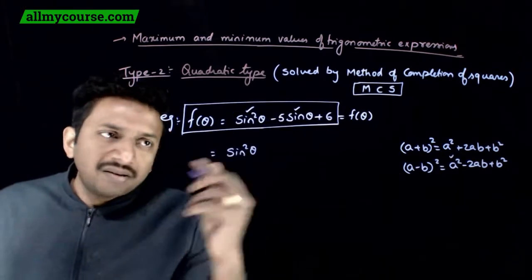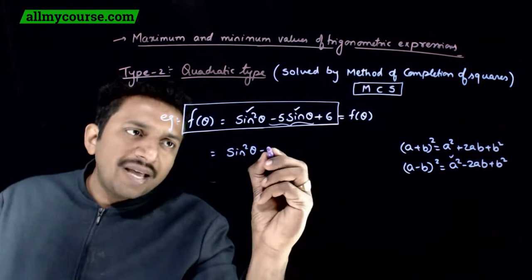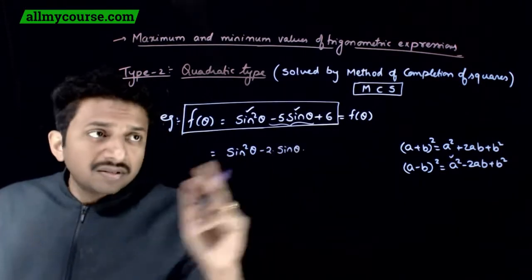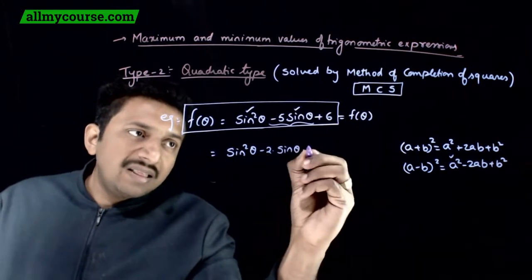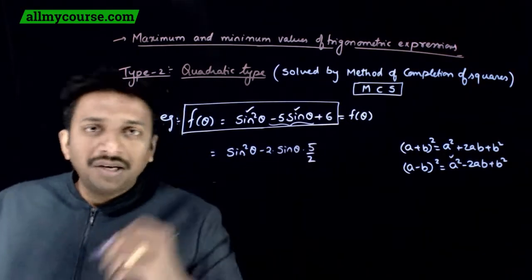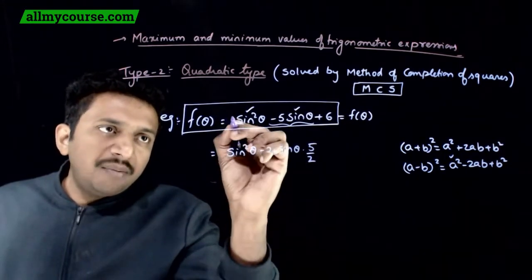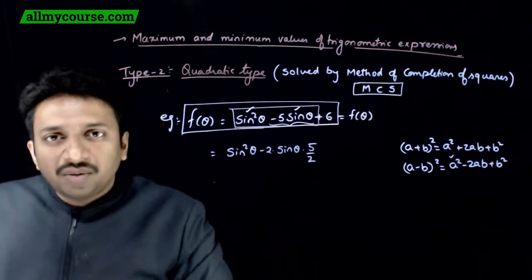So you have a minus here. So this term, I'll try to write it as minus 2ab. So minus 5 sine theta can be written as minus 2 times sine theta times 5 by 2, right? So a square minus 2ab. So I have converted these two terms into a square minus 2ab.